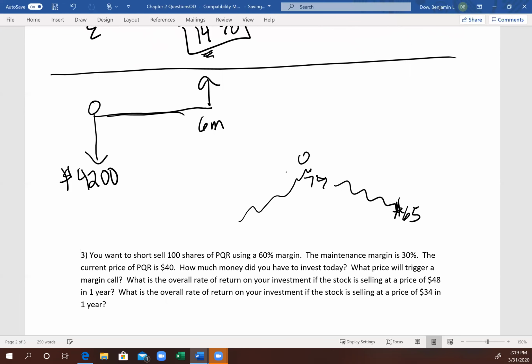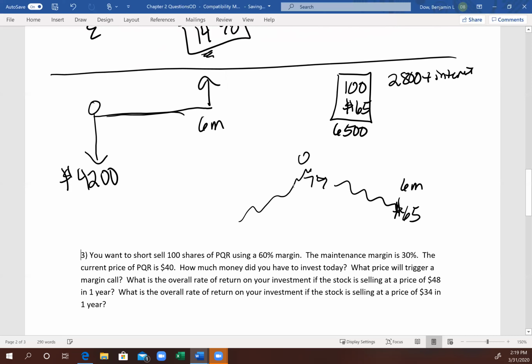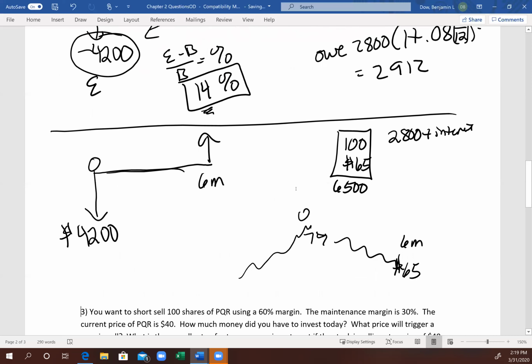Okay. Well, let's look at our equity position after 6 months. We have 100 shares of stock for $65. So that's $6,500 in assets. We owe $2,800 plus interest. We already know that over 6 months that interest is $112.